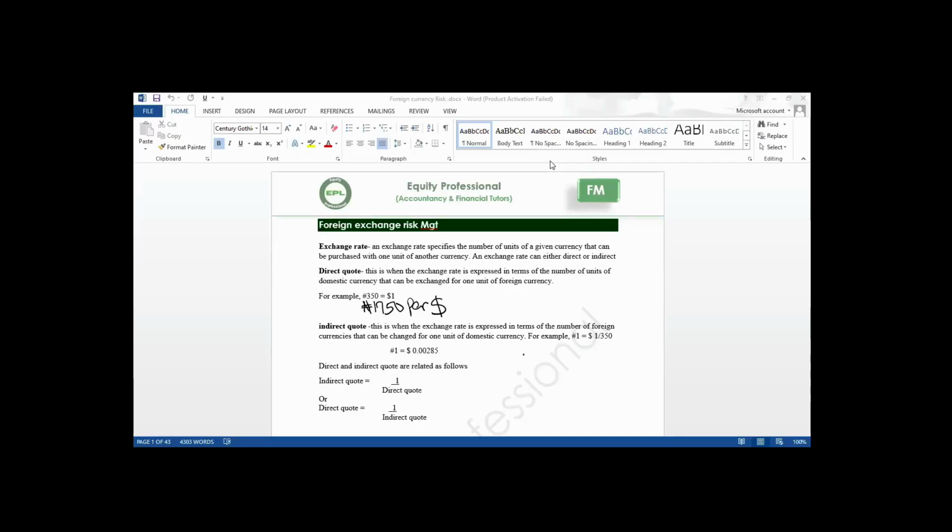We said exchange rates. You can define your exchange rate as the number of units of a given currency that can purchase 1 unit of another currency.